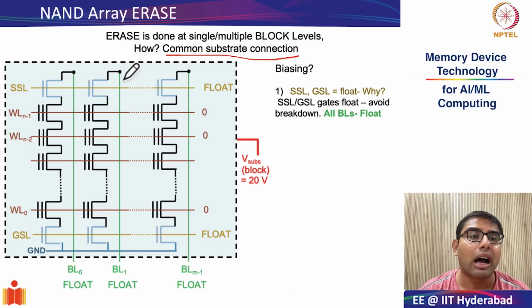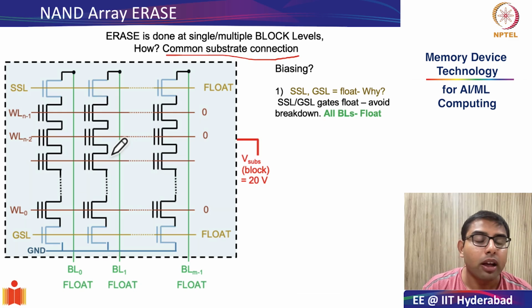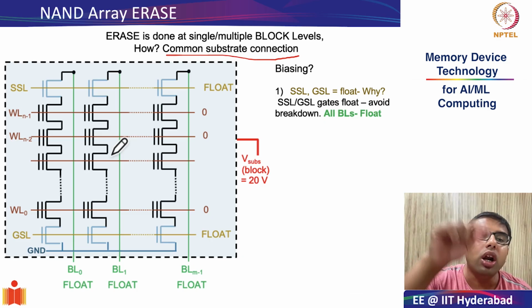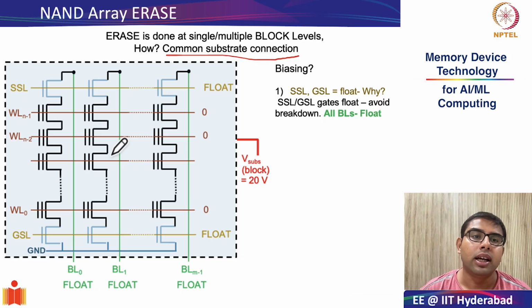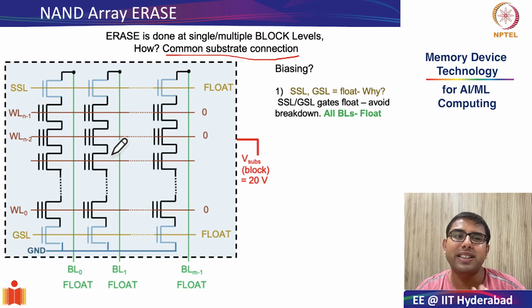Just to recall, our block level diagram consisted of cells organized in pages, which were your horizontal word lines, and your strings, which were your vertical common bit lines. However, since erase is done at the block level, we are not specifically interested in what is happening at the word lines and bit lines.